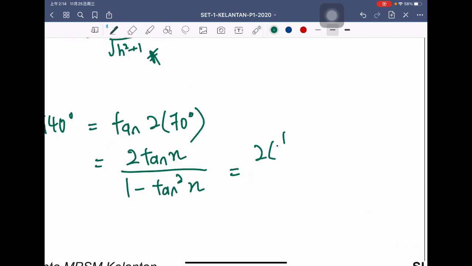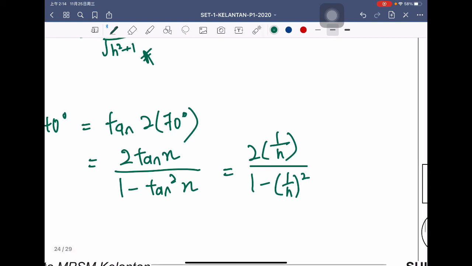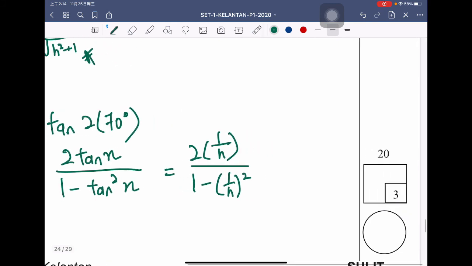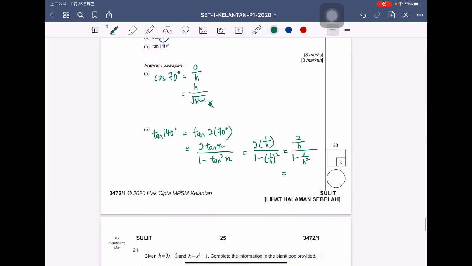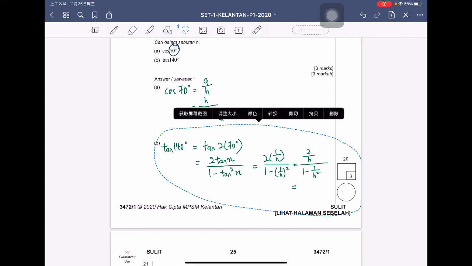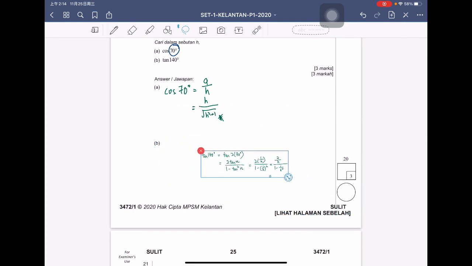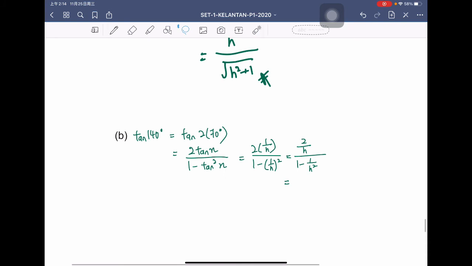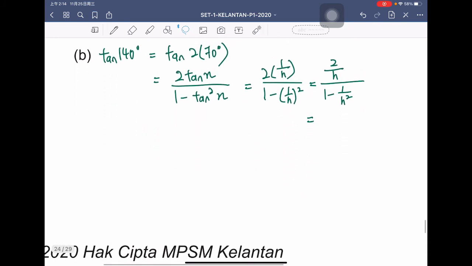So 2 times 1 over H over 1 minus 1 over H squared. So the answer will be 2 over H over 1 minus 1 over H squared.